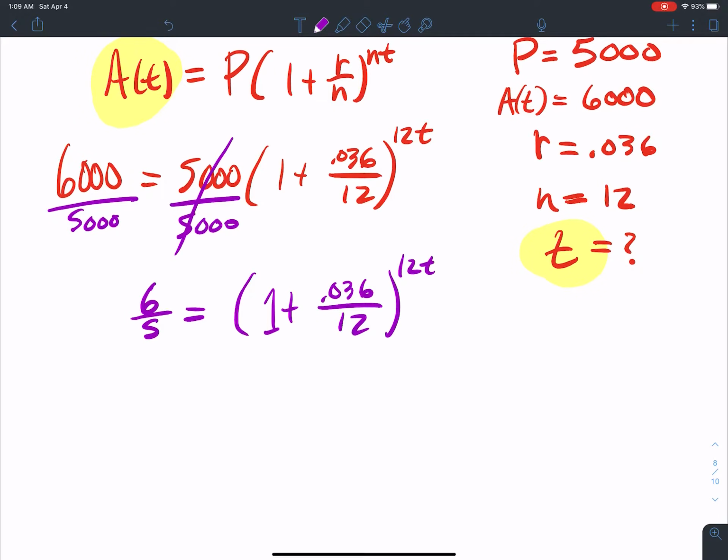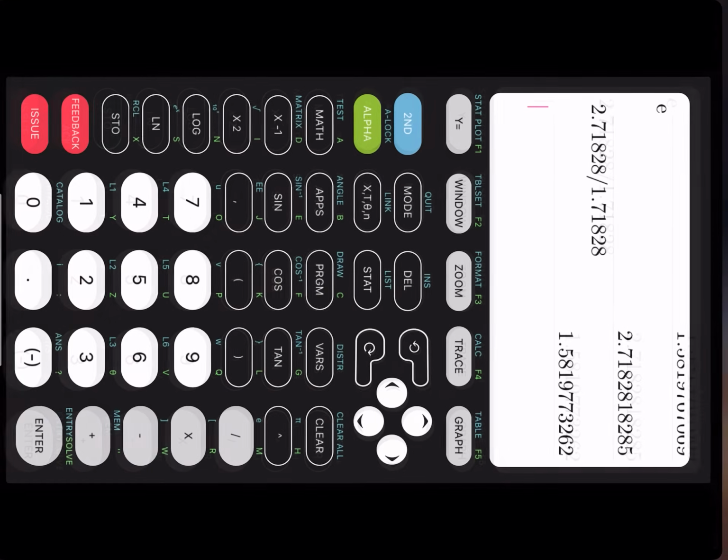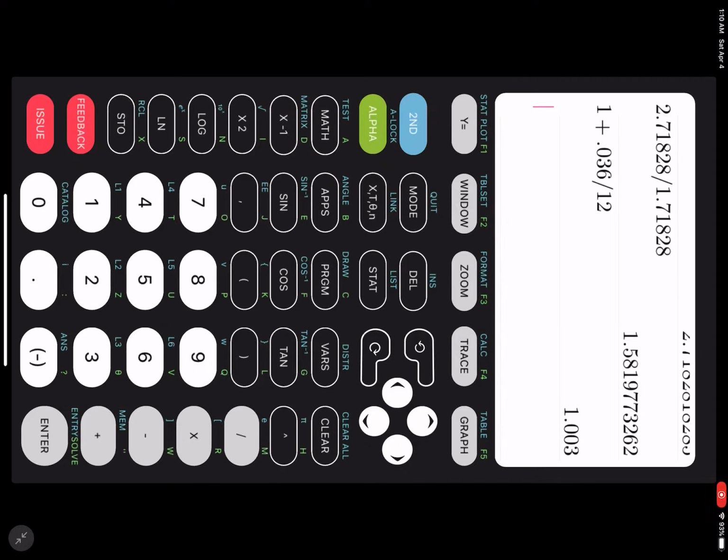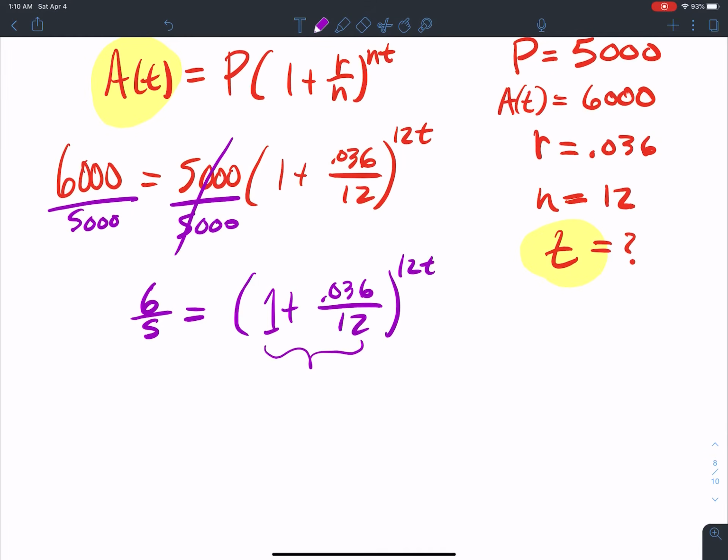Now, this right here, I can simplify. If I type 1 plus 0.036 divided by 12 in my calculator, this is 1.003. So I have 6 over 5 equals 1.003 raised to the 12t.